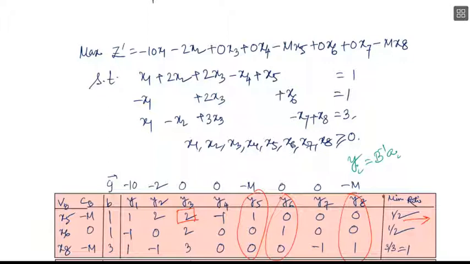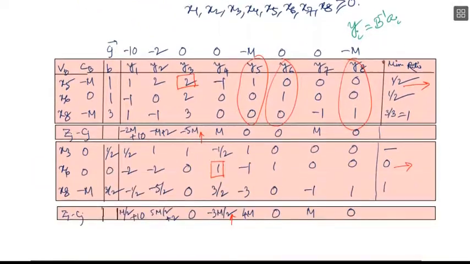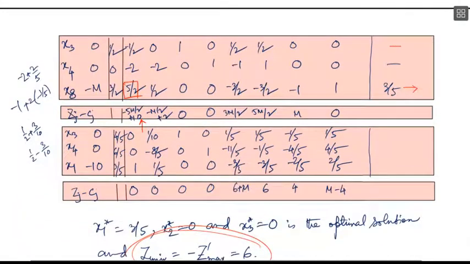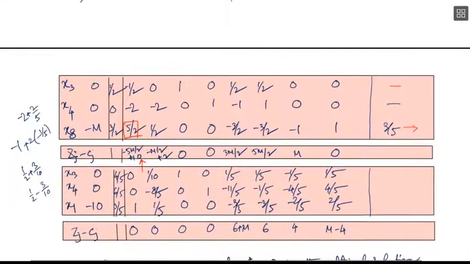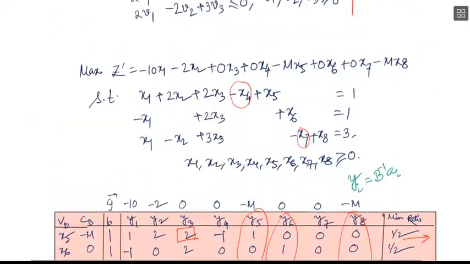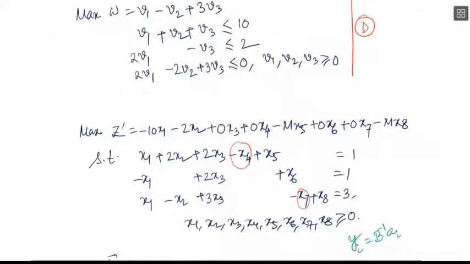The surplus variables were x4 and x7. So their corresponding Zj minus Cj values were, not only that, we have to consider the slack variable also. Yes, we will leave only the artificial variables. We will consider slack and surplus variables.